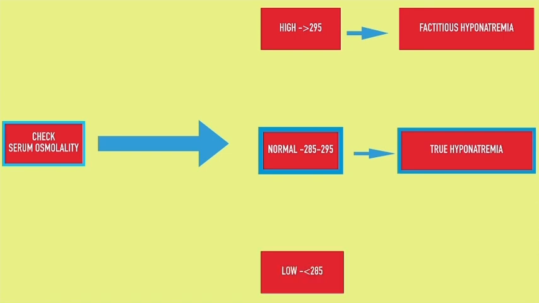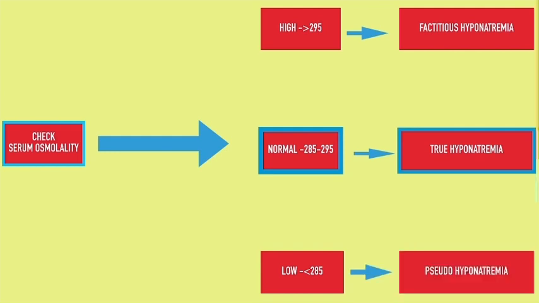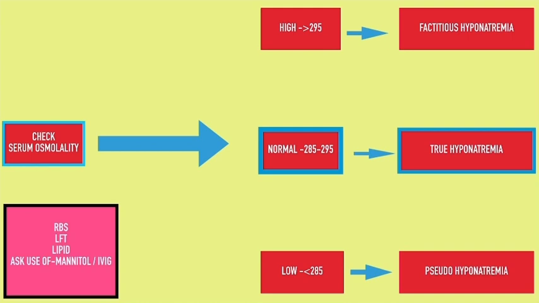And if the serum osmolality is low, that is less than 285, it means it is pseudohyponatremia. So if we don't have facility for measuring serum osmolality, we can rule out the factitious hyponatremia and pseudohyponatremia by means of random blood sugar, liver function test, lipid profile, and also ask for the use of mannitol, IVIG or glycine.